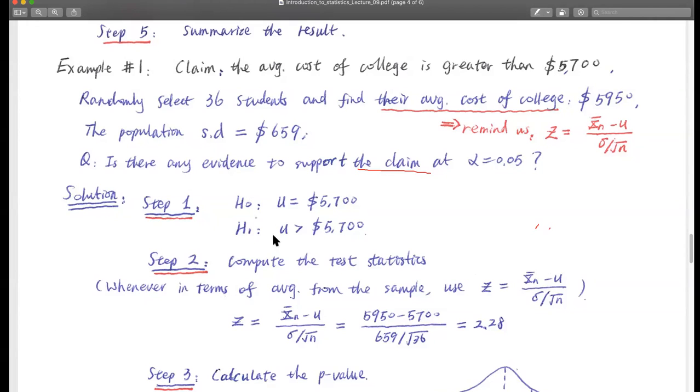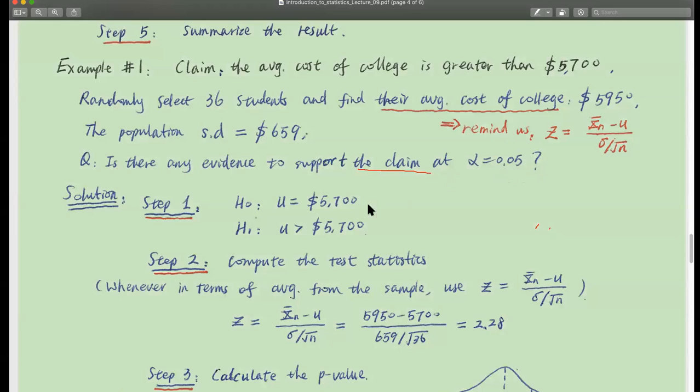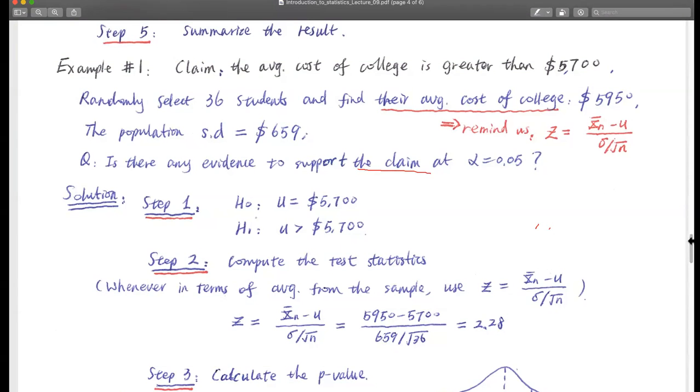That's very tricky, right? Everybody follow me? H1 is right. What does that mean? That means, yes, we have 95% confidence to say the average cost of college for all students is greater than 5,700. And we have 95% confidence to say that. Is that clear? That's our first example here.